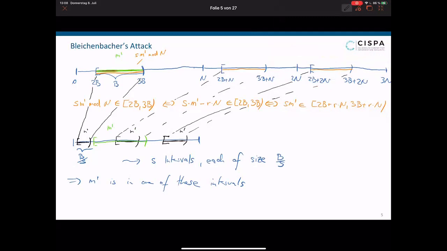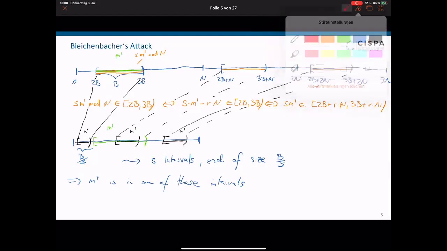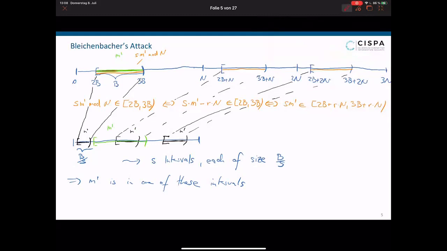So what we can do is intersect the two. So if m prime is in both, then that means m prime has to be in this red interval.